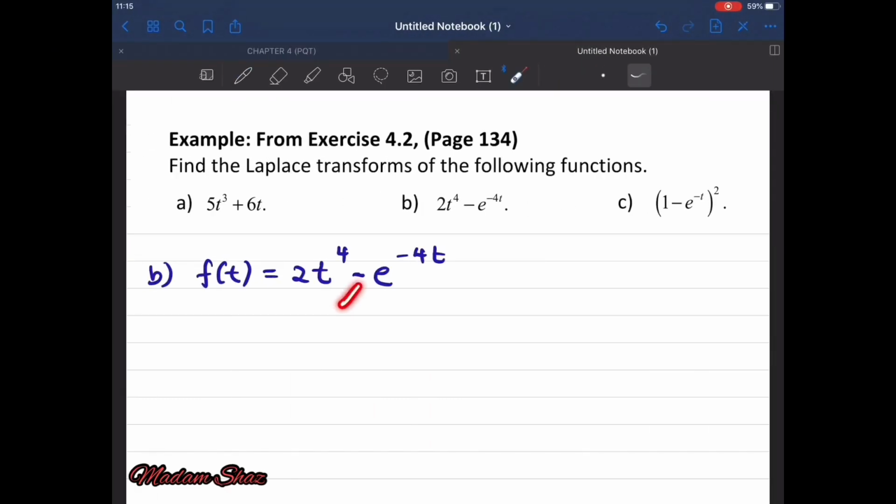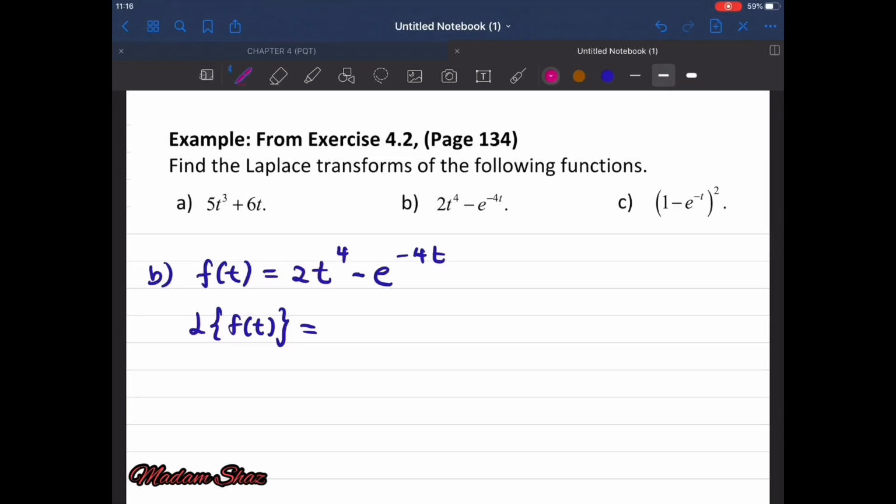So we can see here, you have a minus operation between the first function and the second function. So we should know that you have to apply the linearity properties. The first step, you write the Laplace of f(t) is equal to, we already know that the constant 2 we can bring to the outside of the Laplace notation.